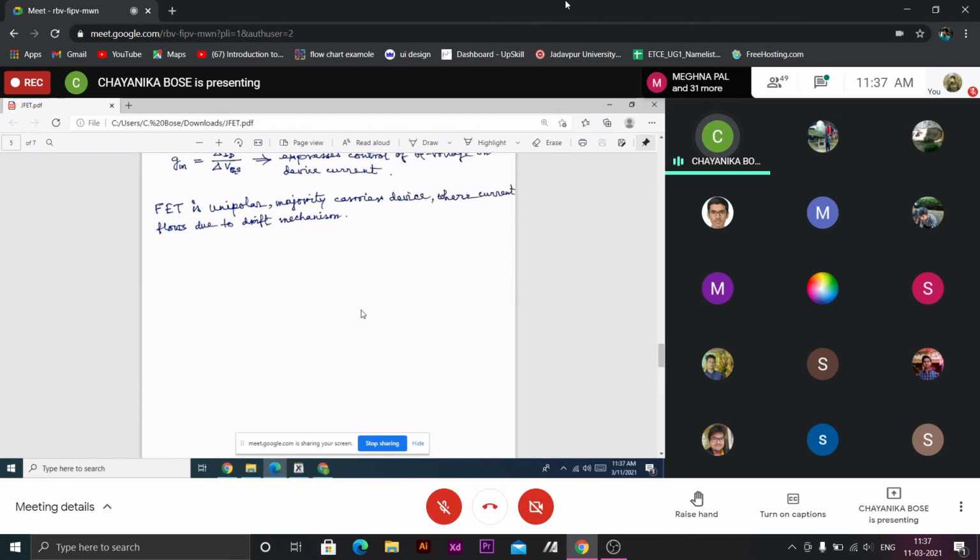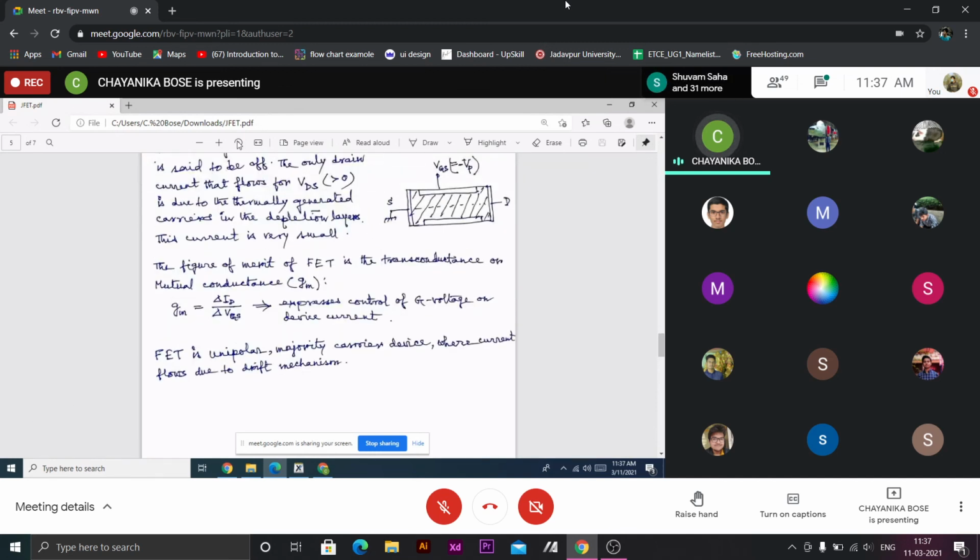We cannot create a concentration gradient in majority carriers easily, but that is possible in the case of minority carriers. So it is a minority carrier device, a bipolar device, and the main current flow mechanism is diffusion, whereas FET is a unipolar device. Only majority carriers participate in this current flow, and current flows due to the drift mechanism.